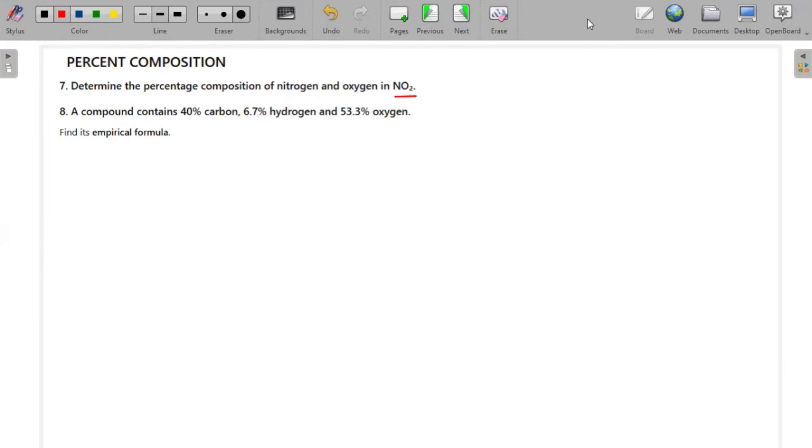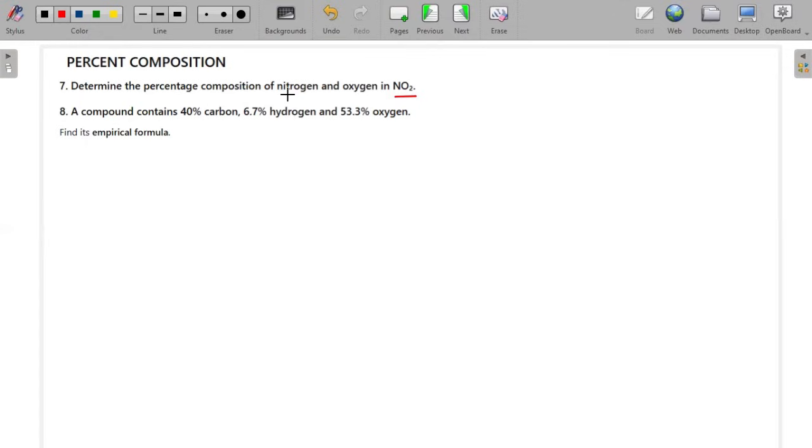So how do you find the percentage composition? You take the molar mass of the atom you want to find the percentage composition for, divided by the total molar mass of the compound it comes from, and then multiply by 100.